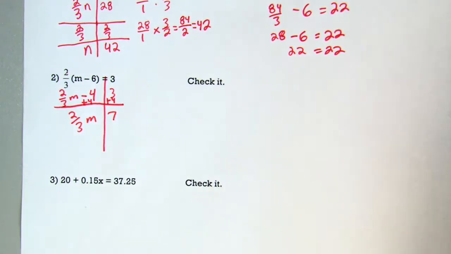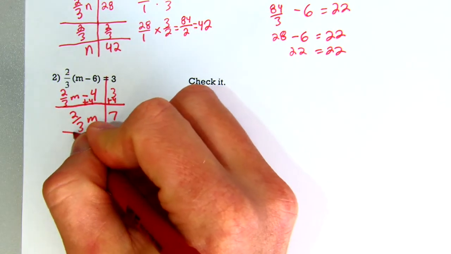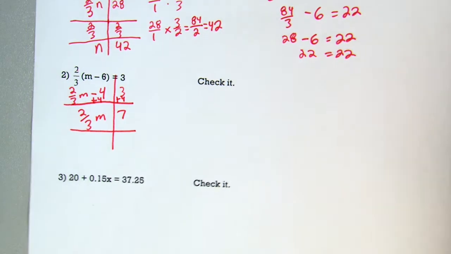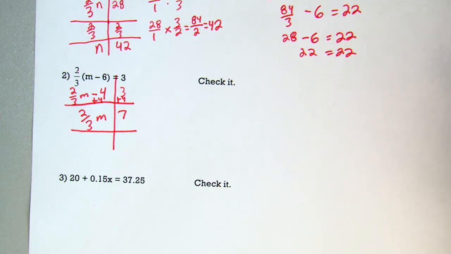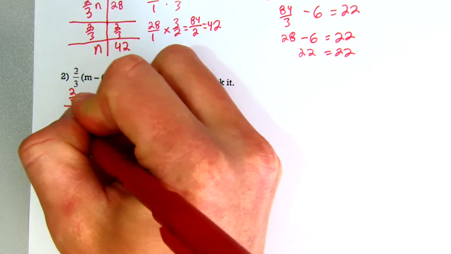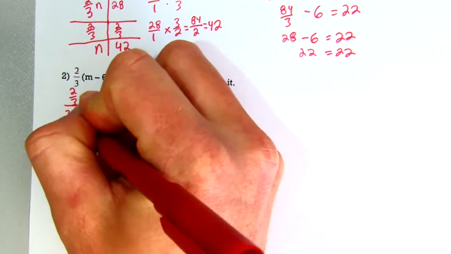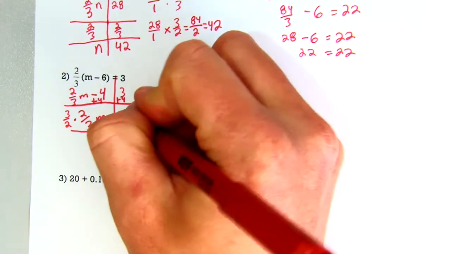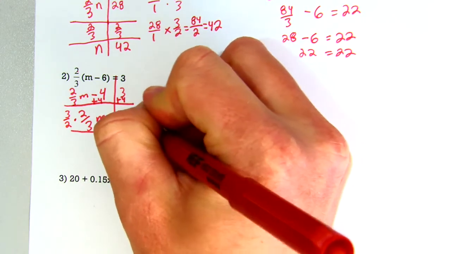And you get 7. And again, I can either divide by 2/3 here if I want, or remember dividing is the same thing as multiplying when you flip it. So instead of dividing by 2/3, my other option is to times 3 over 2.